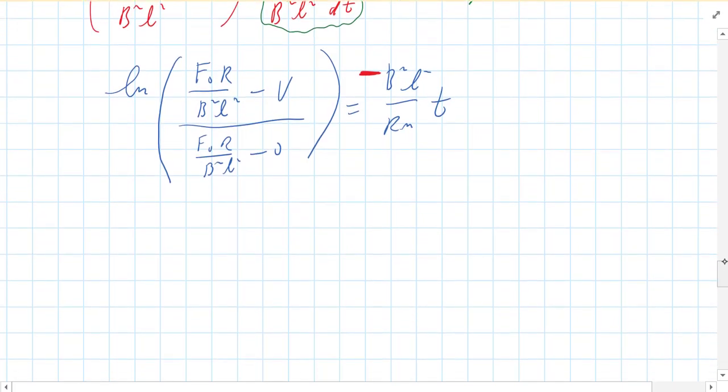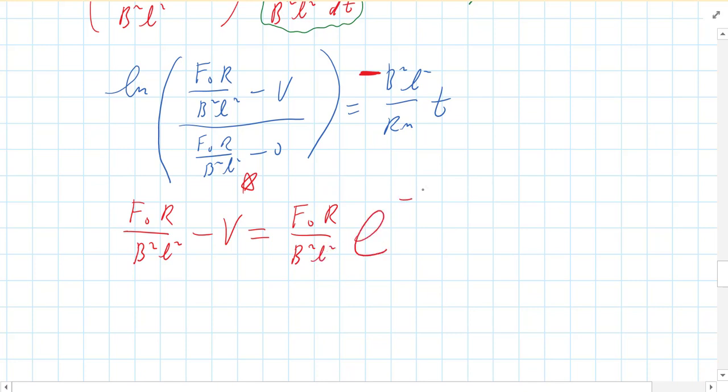All right, now we're going to take the exponent of both sides, and then I'm going to multiply both sides by this denominator here. And so you get F naught R over B squared L squared minus v equals the same thing, F naught R over B squared L squared, e to the negative B squared L squared over R M times t.